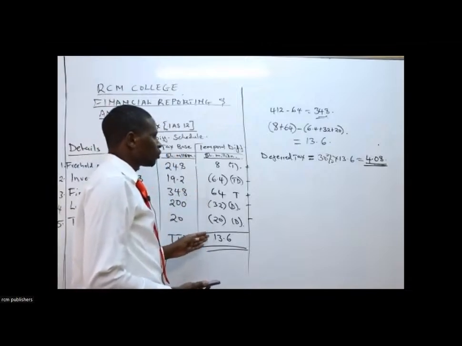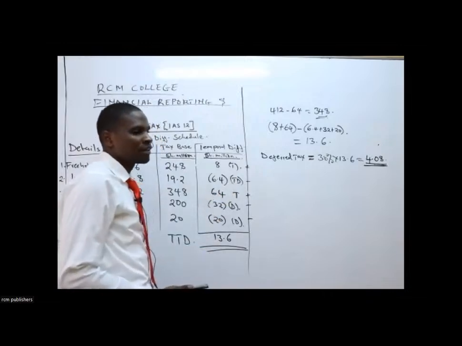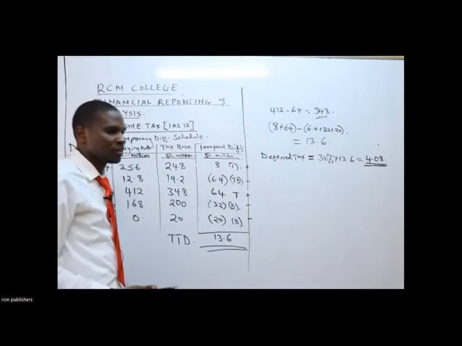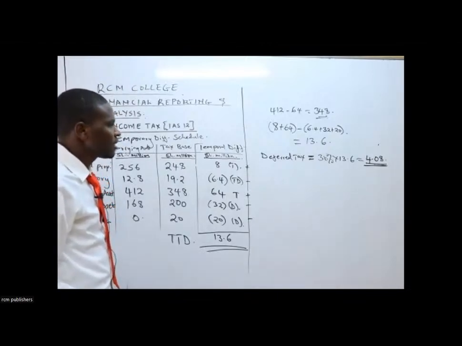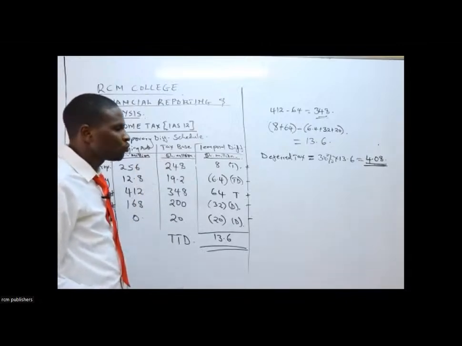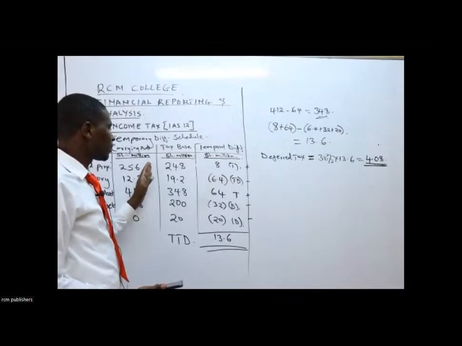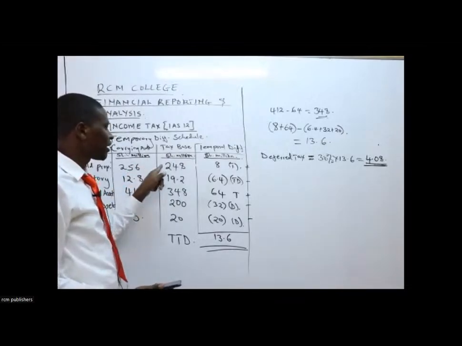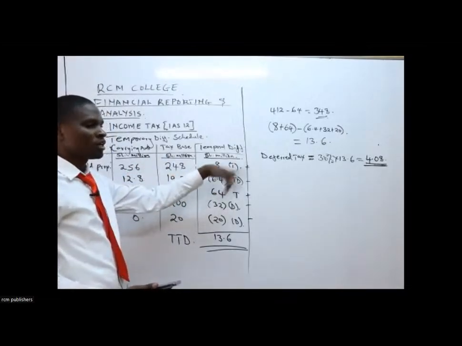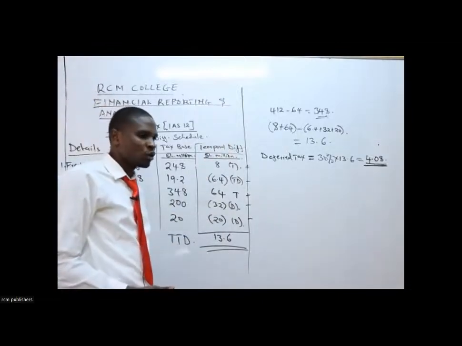After that, you multiply that with the tax rate, and then you'll be able to get the deferred tax. So class, this is just at a high level, for you to understand what happens if the asset carrying amount is higher than the tax base. That means it will be taxable by the taxman.